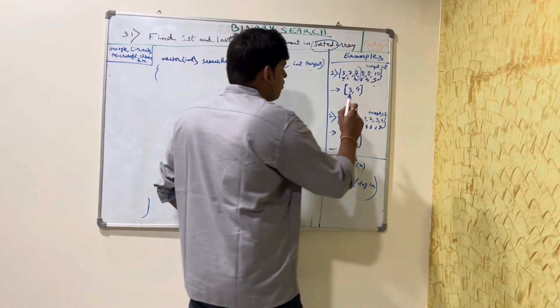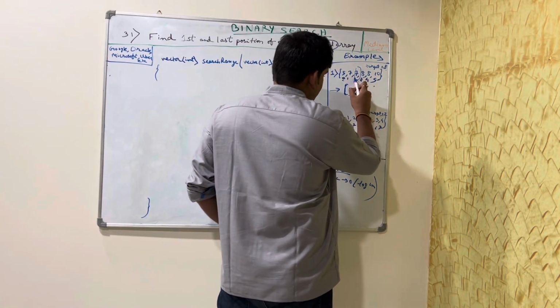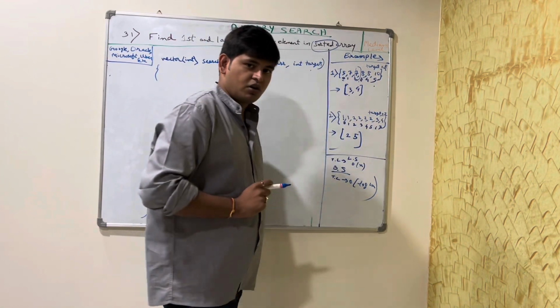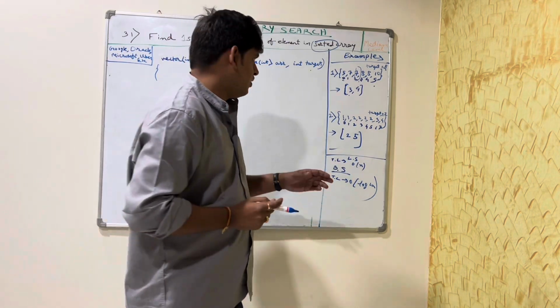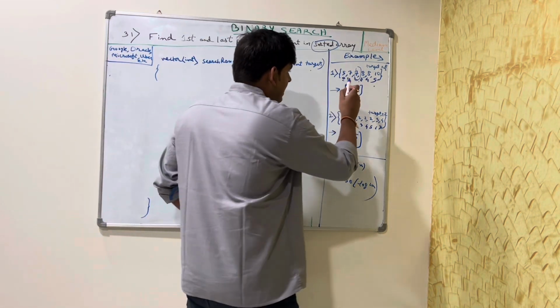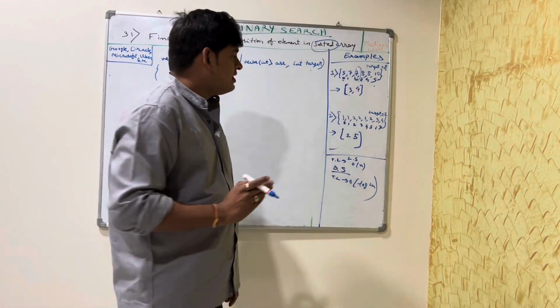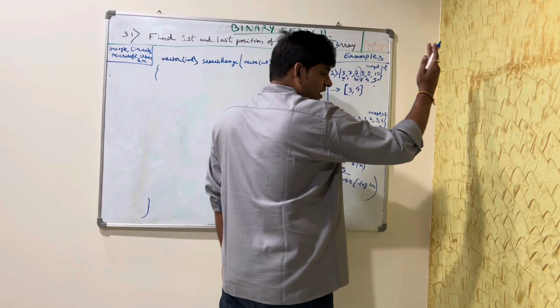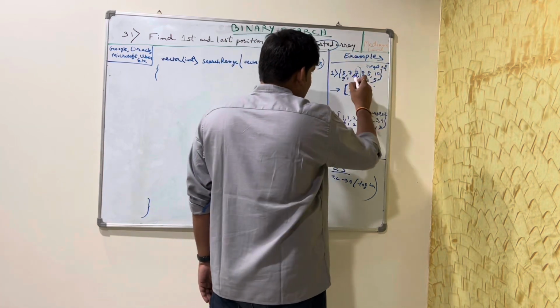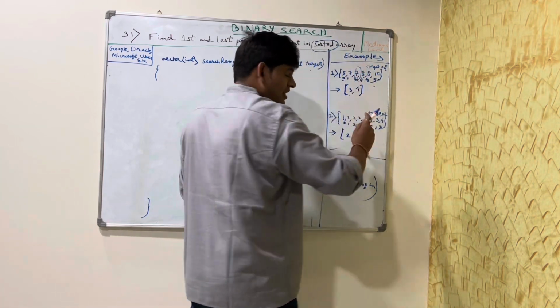We see whether this middle element is equal to the target element or not. If it is equal, we will return it. But if it is less than the target element, as in this example, this means that the element 8, since it is greater than the middle element, will obviously be on the right side.